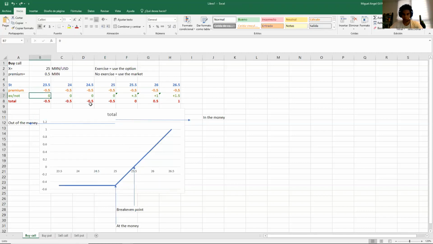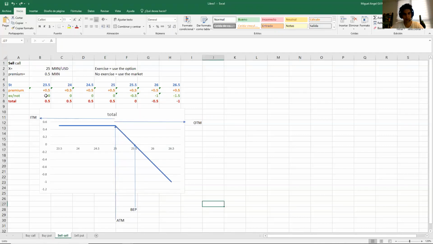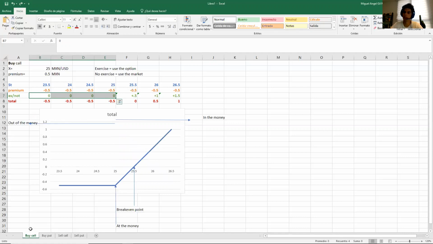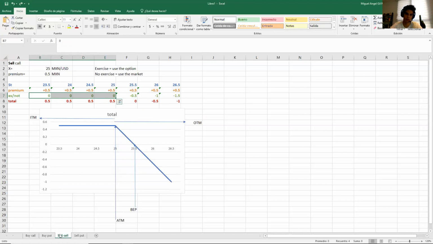And the next thing that maybe, if you did this in your notebook, you will find out: when we are talking about calls, either buy or sell, we usually have the zeros on the left. That is another tip that you can use.